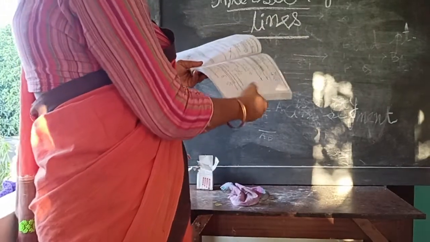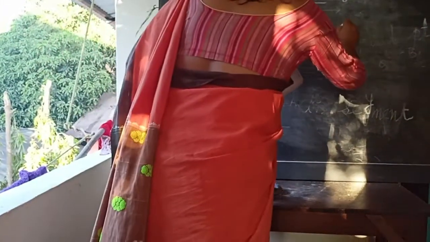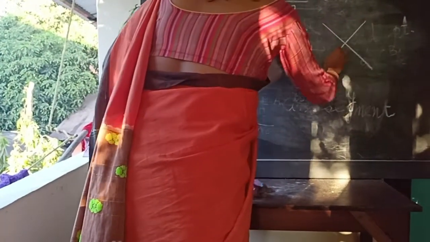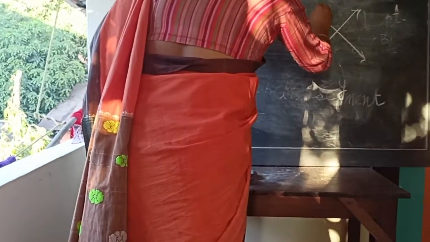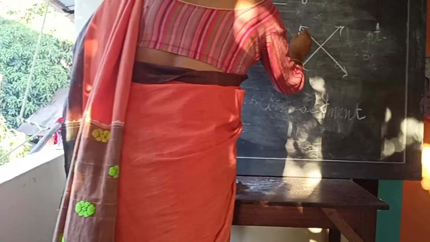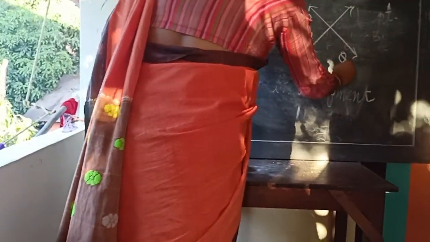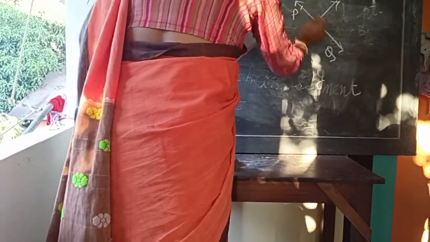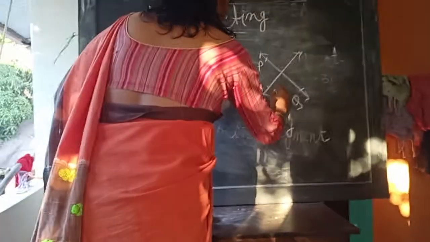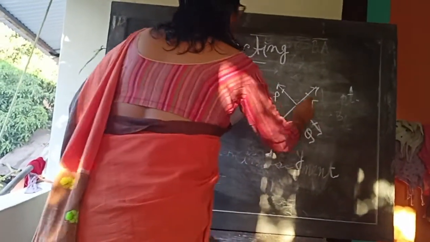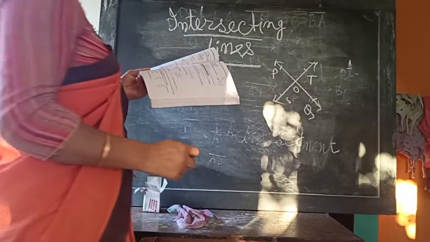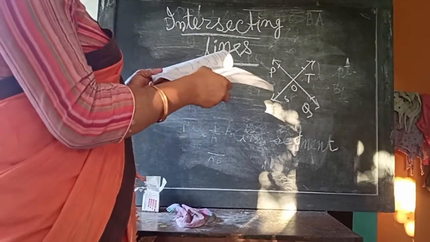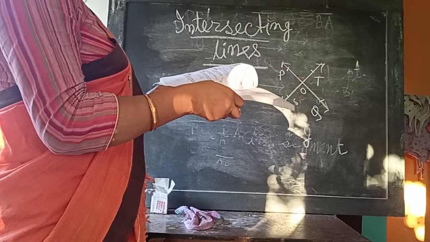Which are intersecting lines? The lines which intersect, that means cut at a point. Okay? These two lines, PQ and ST, are two lines which intersect each other at O. Understand? That means PQ and ST are intersecting lines.